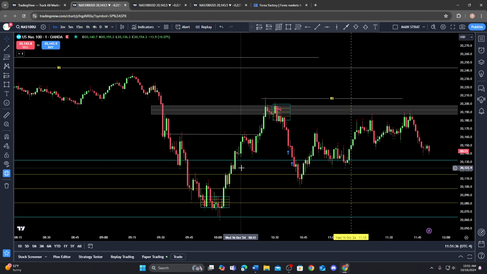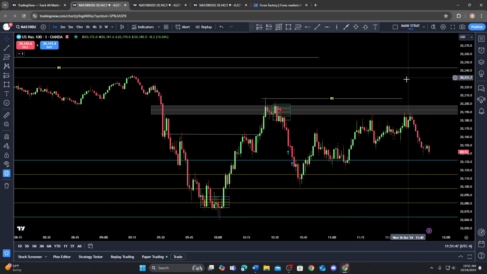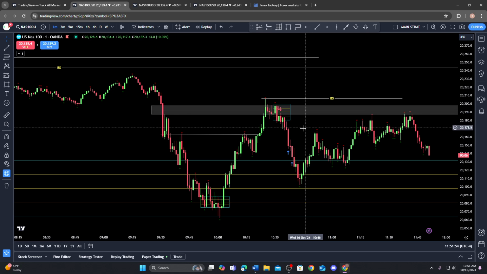I just thought I was going to get chopped up, and I just had that feeling from looking at price. I don't know what it was, so I just didn't trade for the rest of the day and I'm going to wait for the afternoon session. But yeah, that was pretty much it for trading wise.